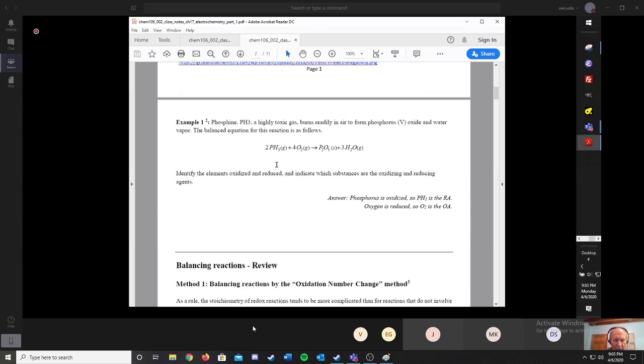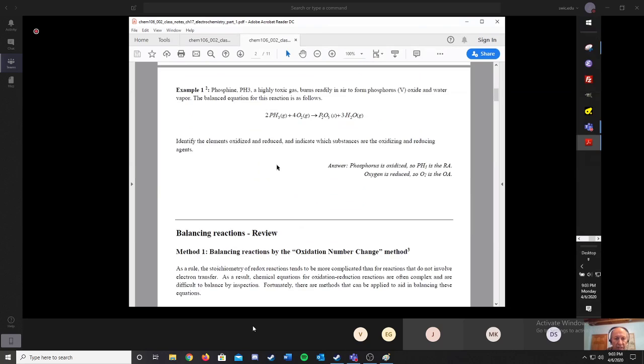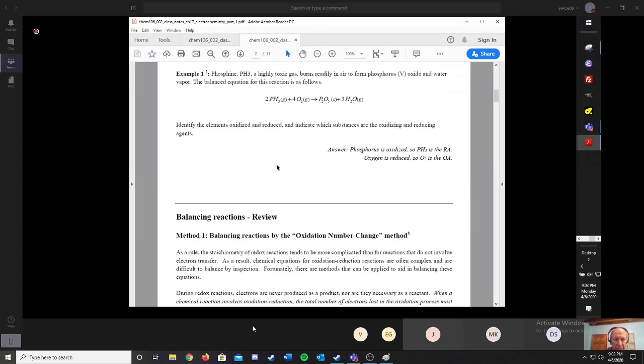So we can write chemical reactions and balance them just simply in terms of what's oxidized and reduced. For example, here's a reaction involving phosphine. It's combusting phosphine, yielding P2O5 and water. So we can look at a reaction and identify which elements are oxidized and reduced.